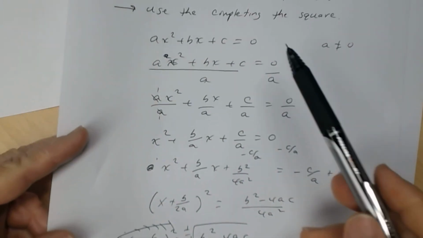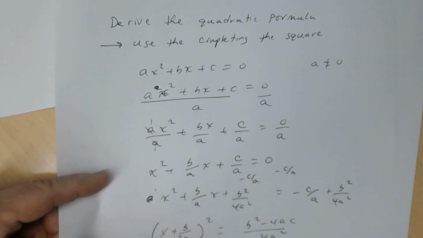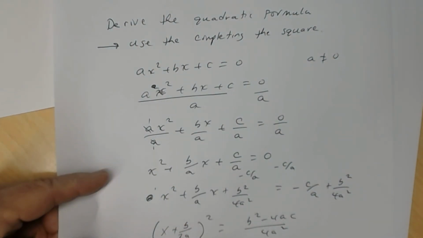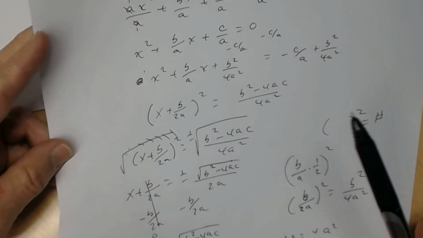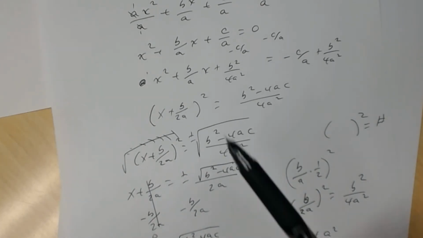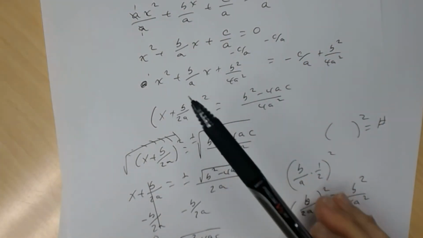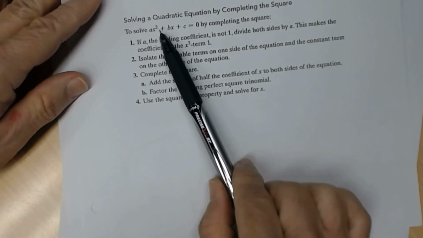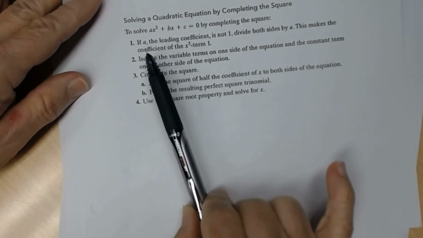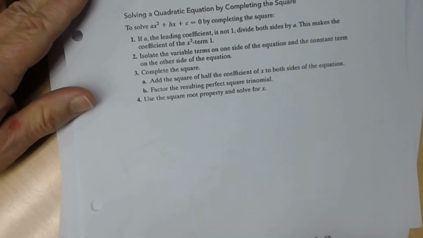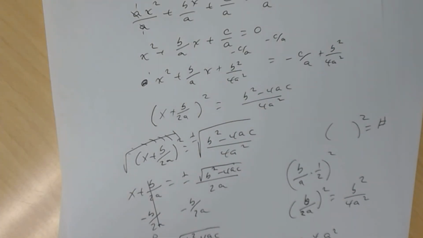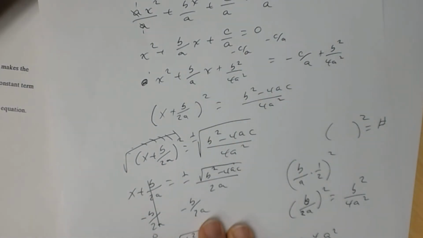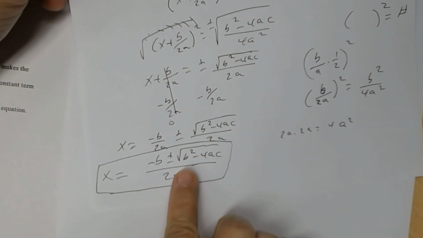So this is how you actually derive the quadratic formula by completing the square. There are a lot of variables involved, a lot of places you could easily mess up, but at every step of the way we used the same steps we use when solving a quadratic equation by completing the square. So that's completing the square. That should help you understand where the quadratic formula comes from.